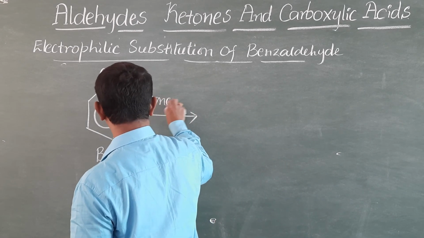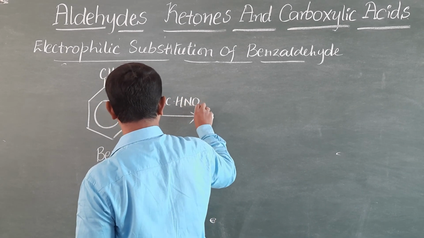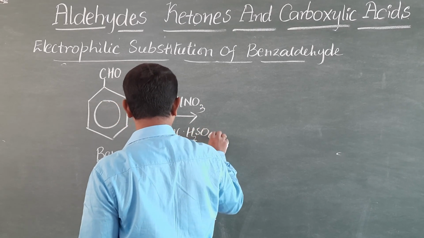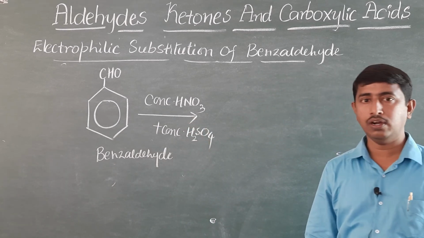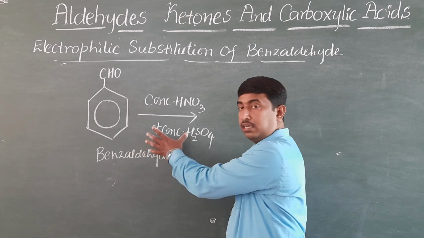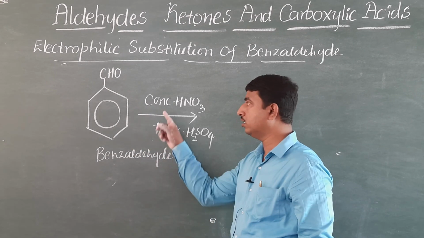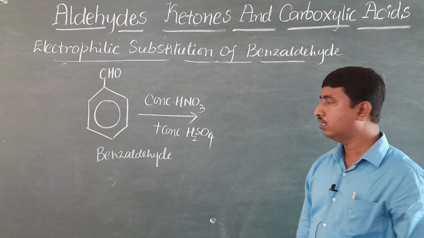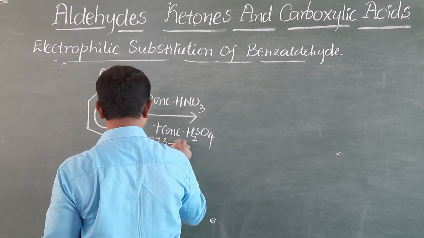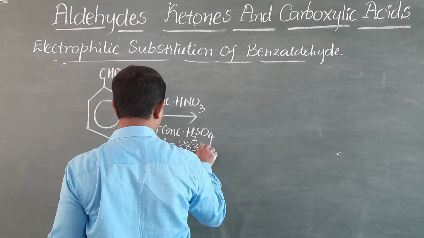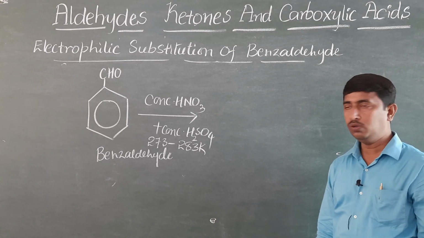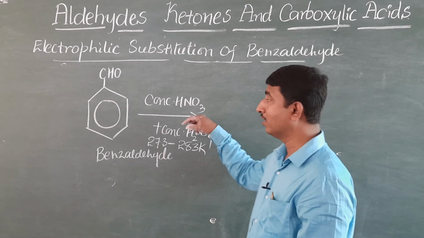For nitration we need concentrated nitric acid along with concentrated sulfuric acid. This mixture we call the nitrating mixture. So benzaldehyde is subjected to nitration by adding concentrated nitric acid along with concentrated sulfuric acid at a temperature of 273 to 283 Kelvin, 0 degree to 10 degree Celsius. At 0 to 10 degree Celsius, nitration occurs.